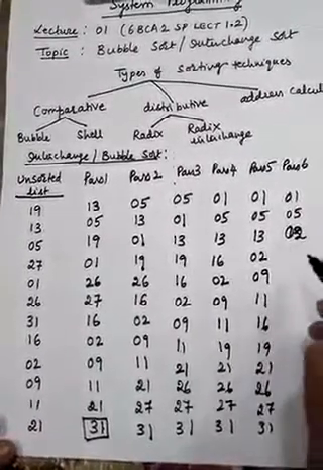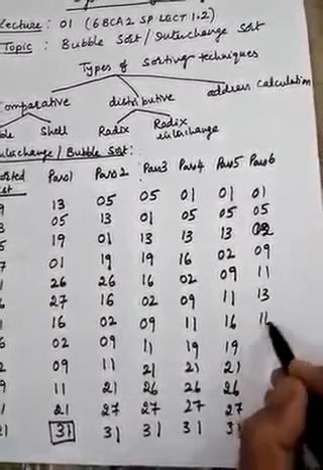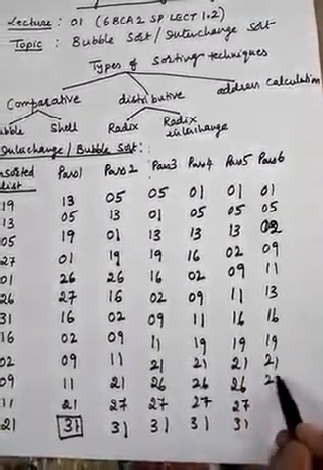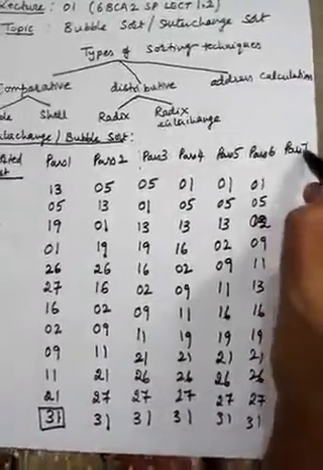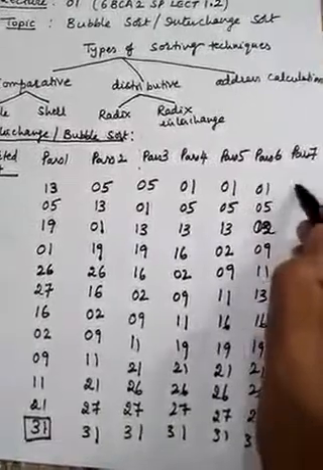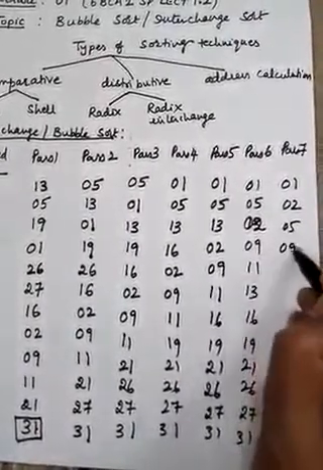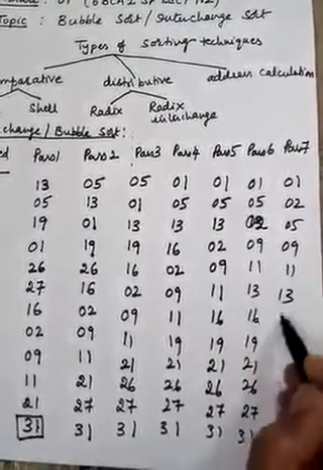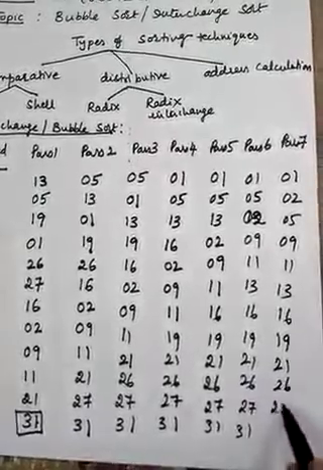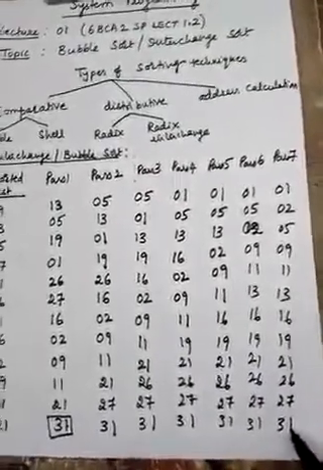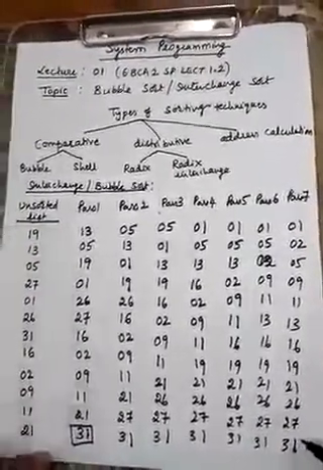So 2, then 9, 11, 13, 16, 19, 21, 26, 27 and 31. Now pass 7: 1 is compared with 5, and 5 is compared with 2, which will come. Now 5, 9, 11, 13, 16, 19, 21, 26, 27, 31. So in 7 passes your table is sorted.